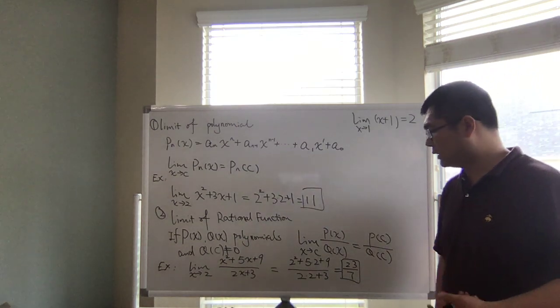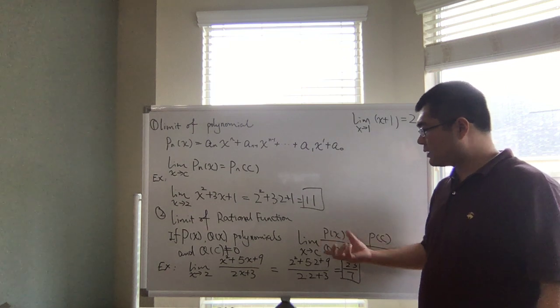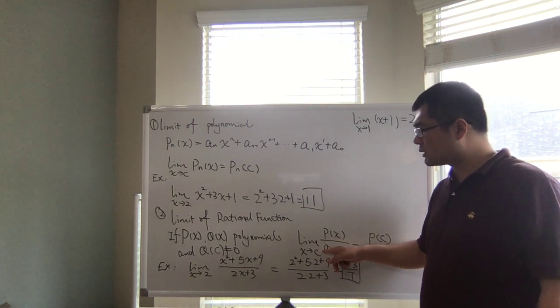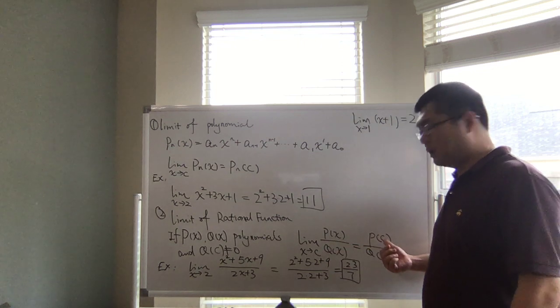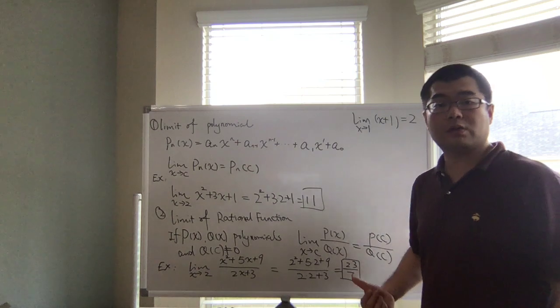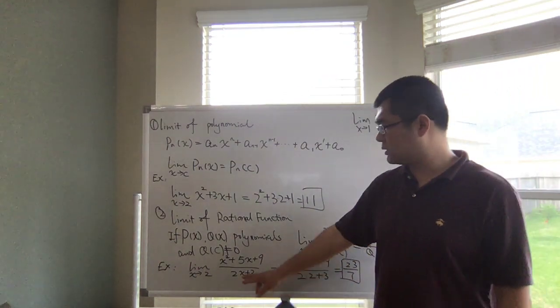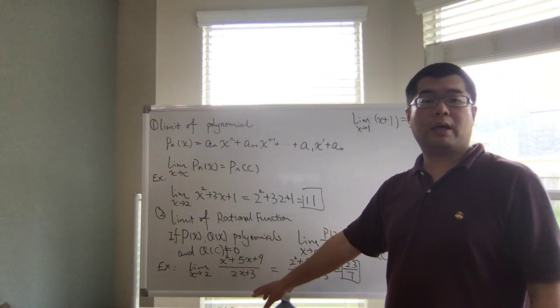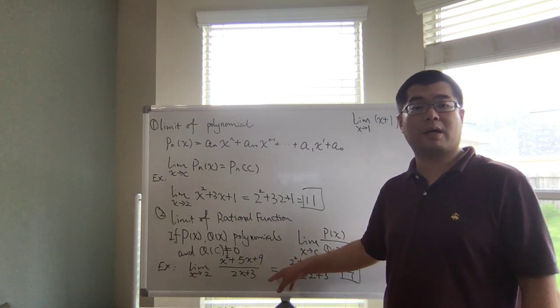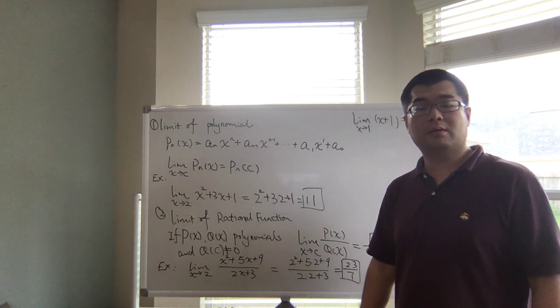With that in mind, to evaluate this rational function, again just plug in x equals c, and you get P of c over Q of c. Another example: the limit as x approaches 2 of x squared plus 5x plus 9 over 2x plus 3.